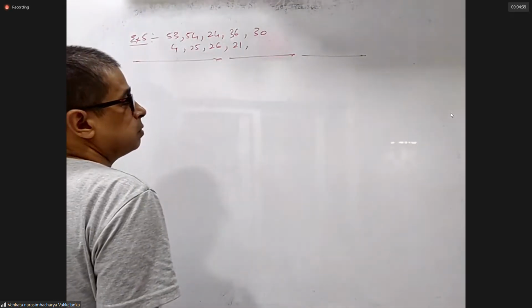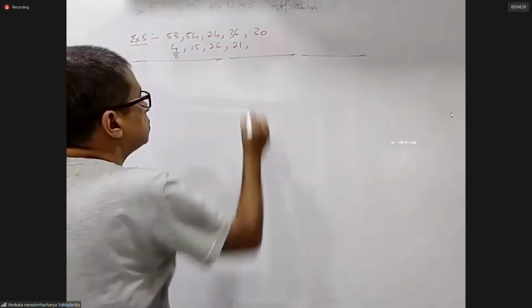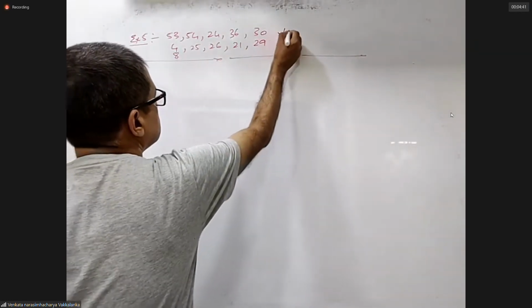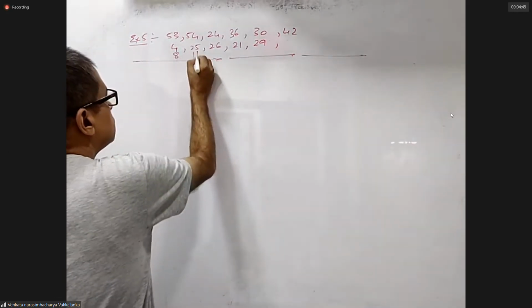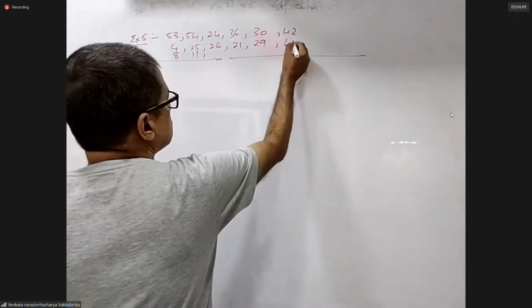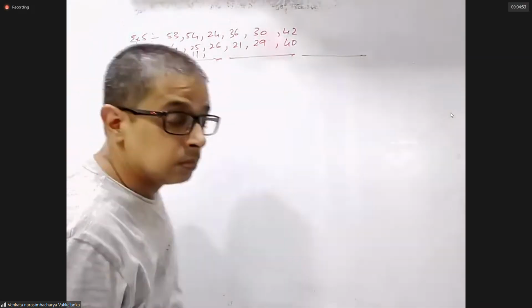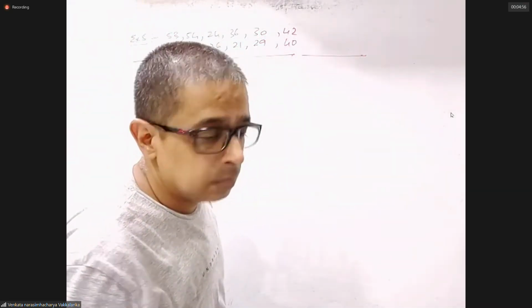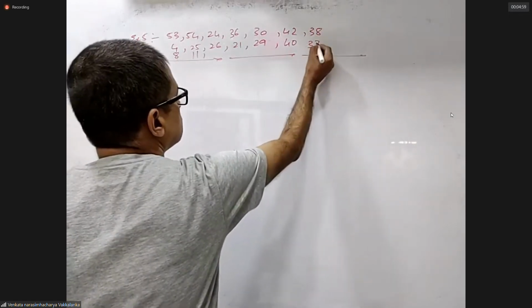So 8. 29, 44. Sir, 11. 40. 38. So 37 part B, the second.